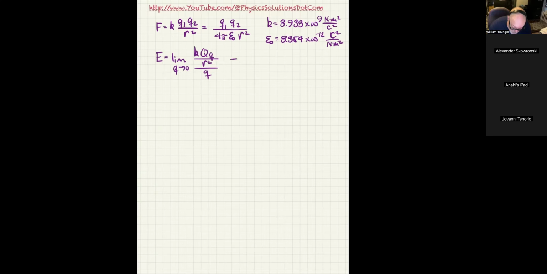And from that, we were able to get that the electric field for the Coulomb's law version was either K Q over R squared or Q over 4 pi epsilon naught R squared.